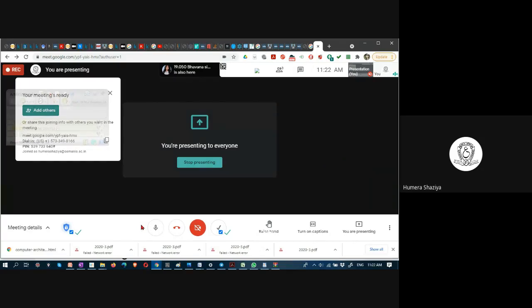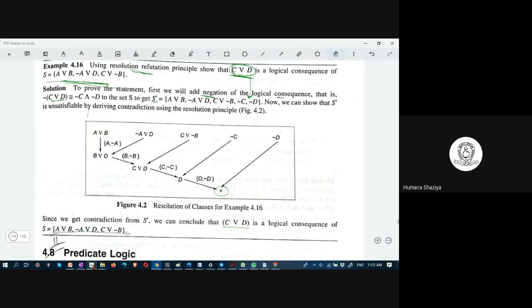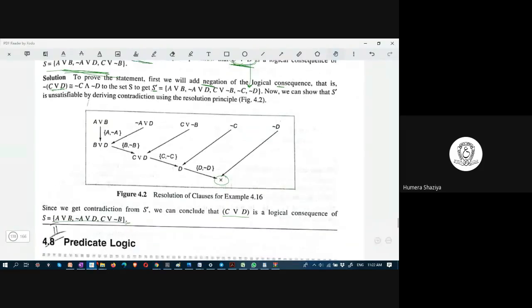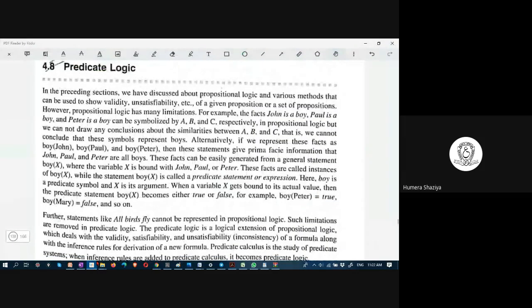All right, did you understand this concept of resolution refutation? With that, propositional logic has been done. We will begin predicate logic.